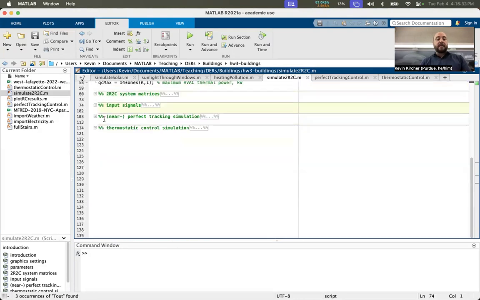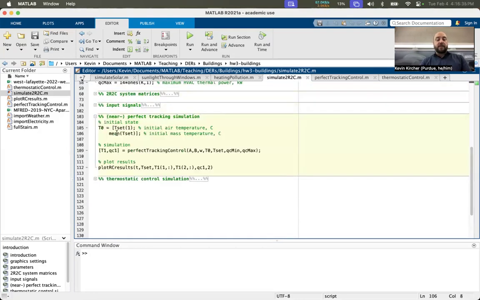And we plot that data. Then what you will do is fill in these functions for perfect set point tracking, which implements the decision of what the thermal energy supplied to the building should be, and also the dynamics. You'll put in the 2R2C dynamics equations in order to calculate the temperature and energy trajectories. And then this just plots those.